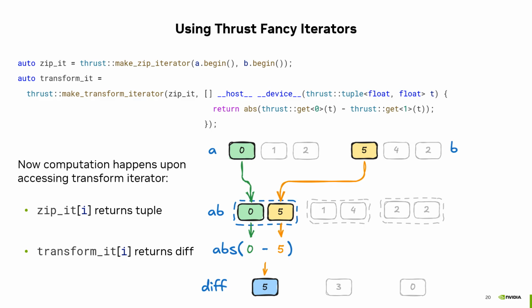Because the zip iterator returns a tuple of floats, that's exactly what the lambda function should have as a parameter. For each tuple, we extract the two values using thrust get, compute the absolute difference, and return that result. So for the first elements in A and B, if the tuple is 0, 5, the transform iterator returns the absolute value of 0 minus 5, which is 5.